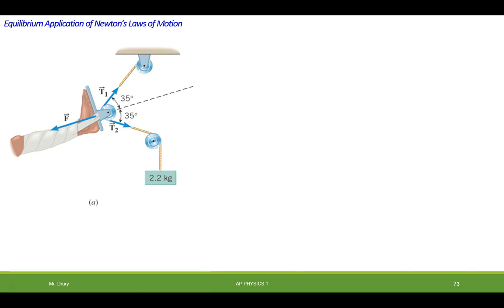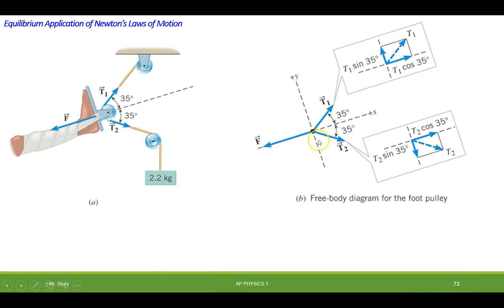So we're going to draw a free body diagram. Here's our free body diagram. We represented this center position just by a dot, and we have a force F acting backwards, T1 pulling up into the right, and T2 pulling down into the right. And we broke this into x and y components.